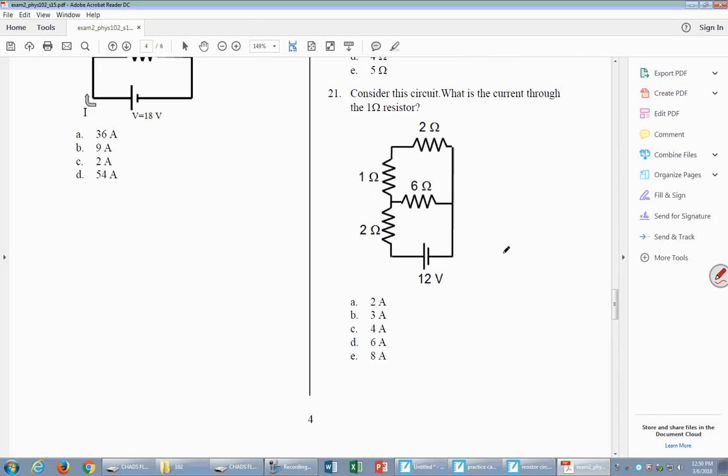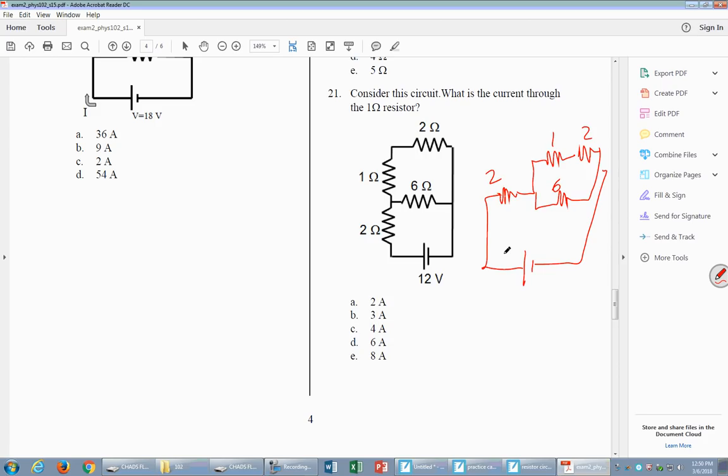21. You know how to do 21? It looks funky, right? Because you got that 1 ohm resistor on the side, and it's sort of all compact. But really, it's like ones that we've done. My 2 ohm. There's my 1 and my 2 ohm. And then there's my 6 ohm. 2, 1, 2, 6.